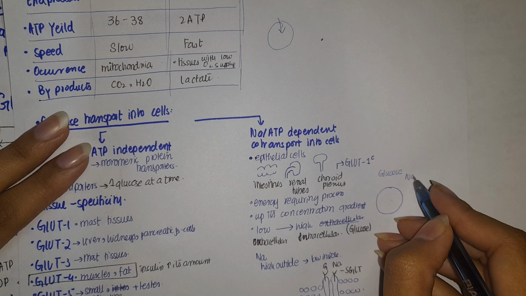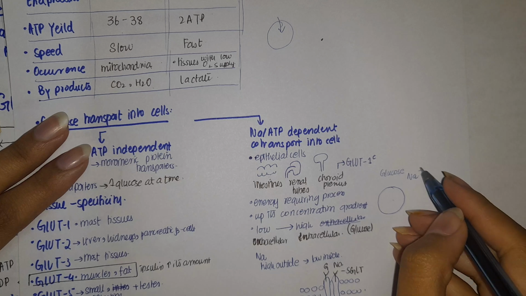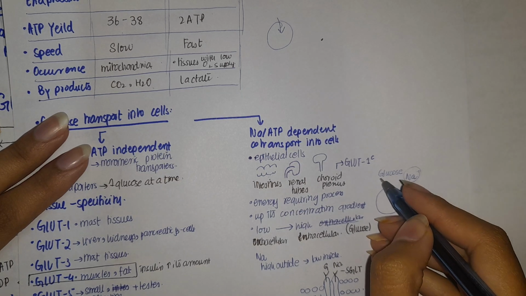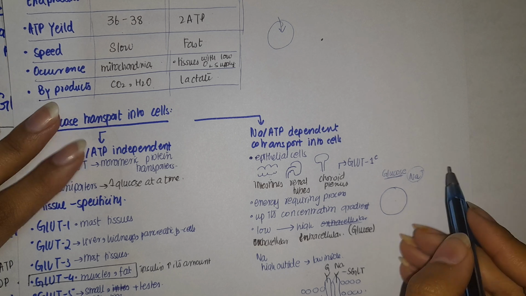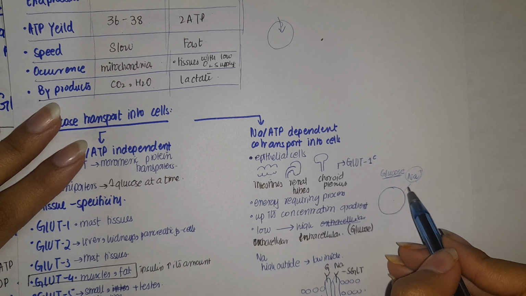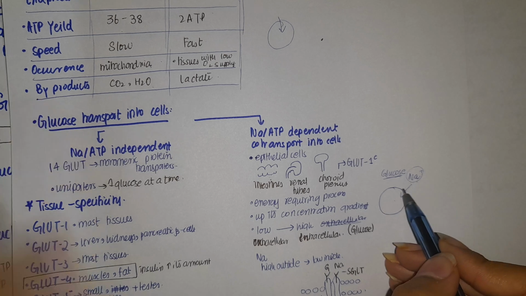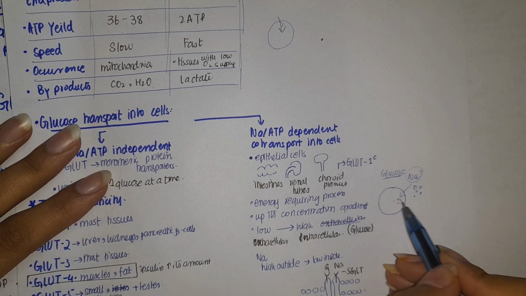Sodium is abundant outside the cell but not inside the cell, but glucose is abundant inside the cell as well. So in this situation, sodium is going along its concentration gradient, from higher concentration outside to lower concentration inside.